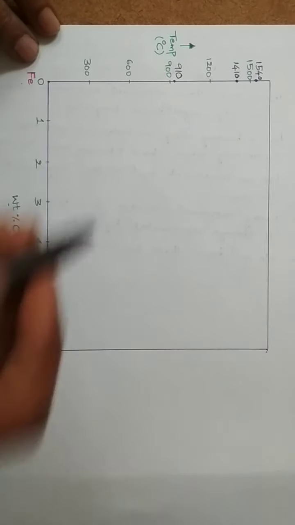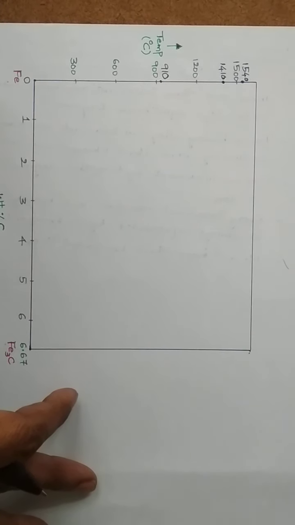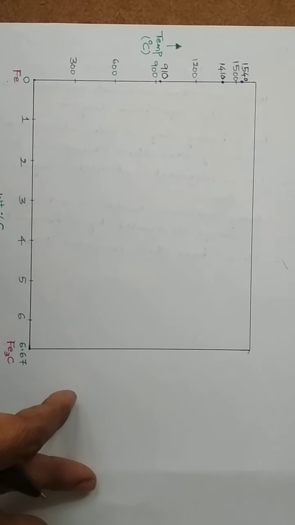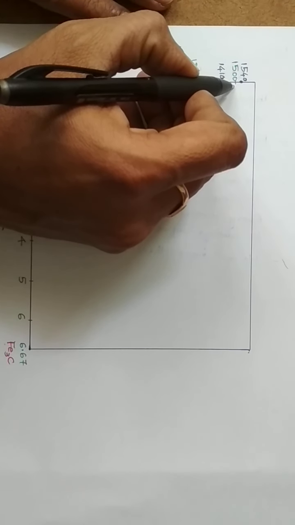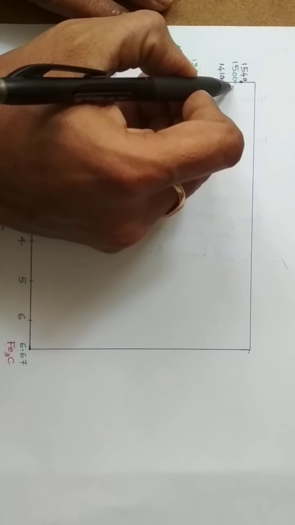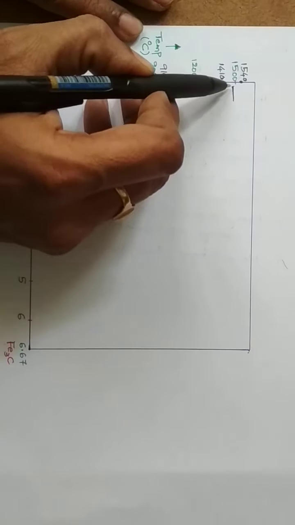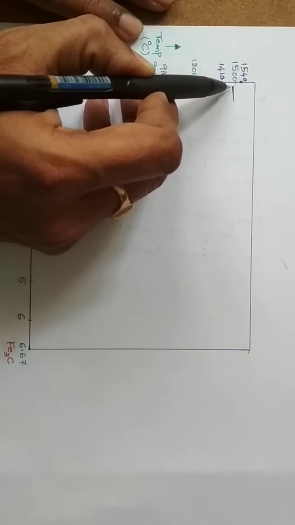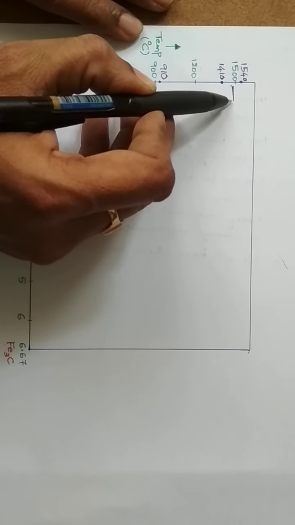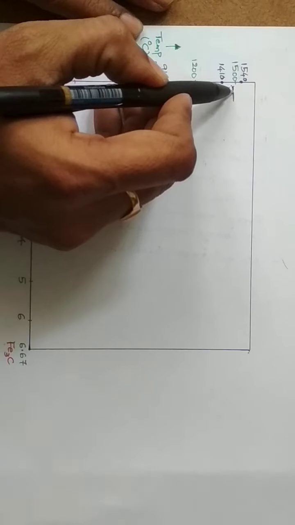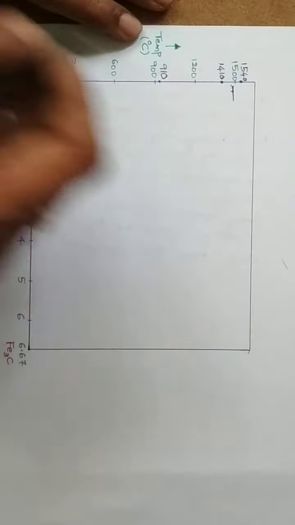First let us discuss the first reaction, which takes place at 1494 degrees centigrade. 1494 will be here, so it will be a small line. If you look at the composition, at this point we have 0.1% carbon, here we have 0.5% carbon, and in between we have 0.2% carbon.